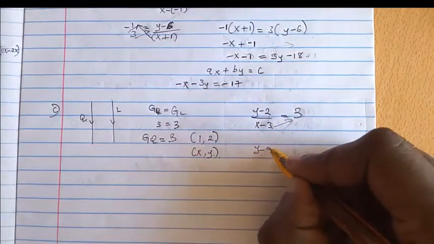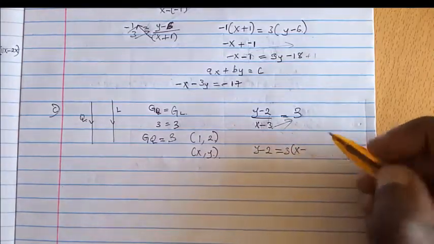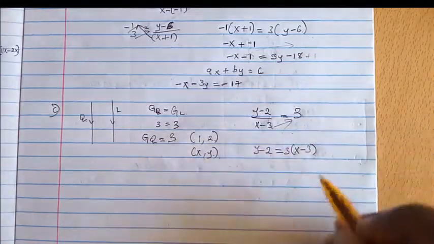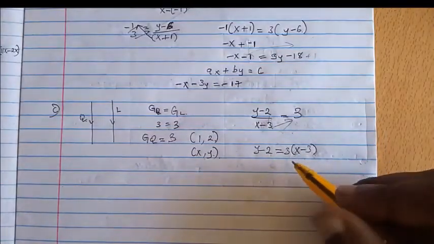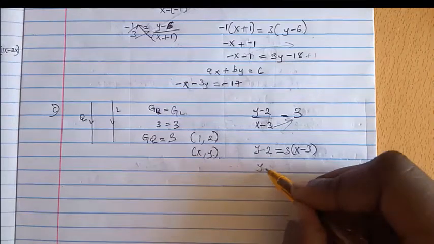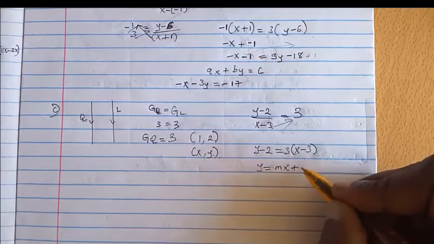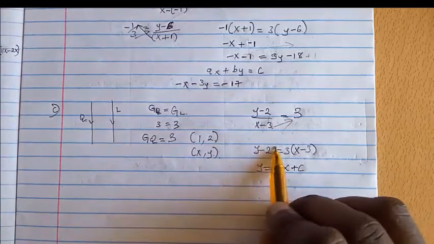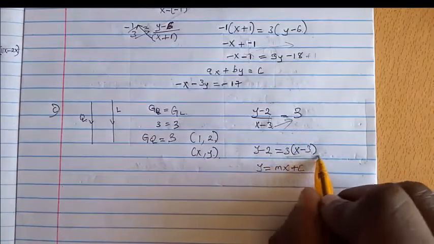Now from here we can open the bracket and simplify this such that I want us to write the equation in the form y is equal to mx plus c. So that will force me to take this to this other side. But first of all, let me open up this bracket. So I'll have y minus 2 is equal to 3x minus 9.